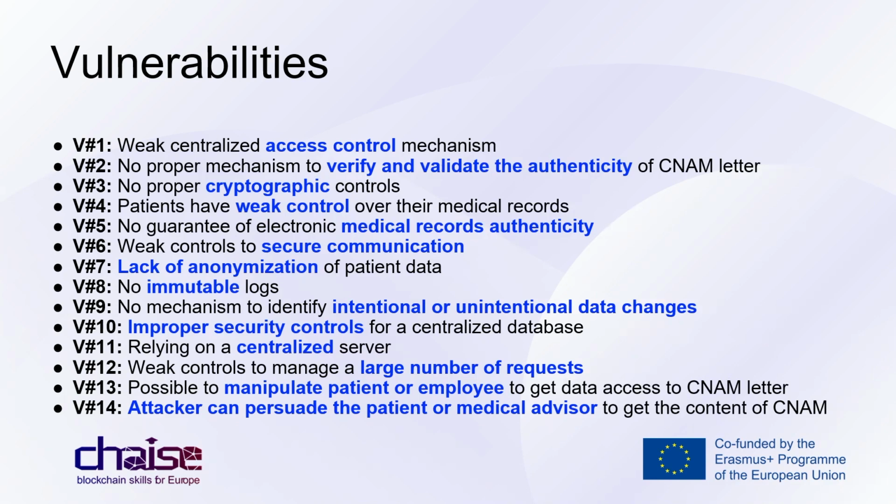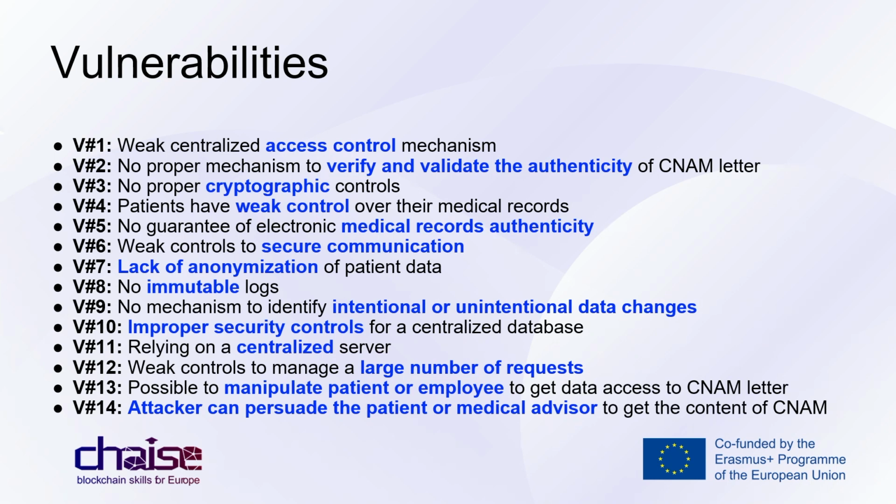Vulnerability 5 is related to no guarantee of electronic medical records authenticity. Again, this comes down to the authenticity of the records stored in the database. The traditional technology infrastructure does not implement verification and validation of the data by design, so there is no guarantee of authenticity if records are tampered with or modified.